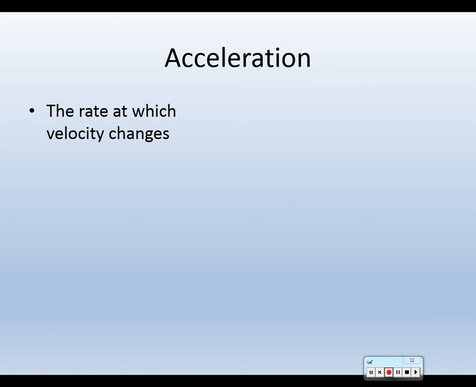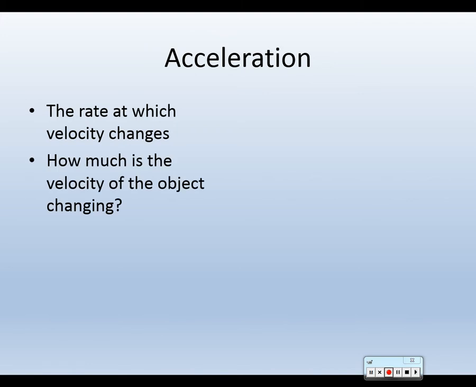Or, how much is the velocity of that object changing? We talked about that if we describe something as a rate, anything that we describe as a rate means what? We said that if we describe something as a rate, there is one factor that we always must include.